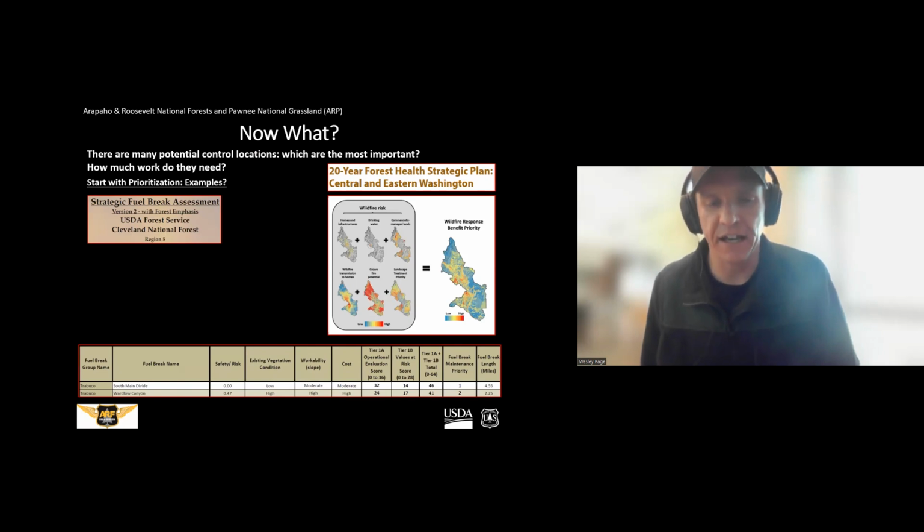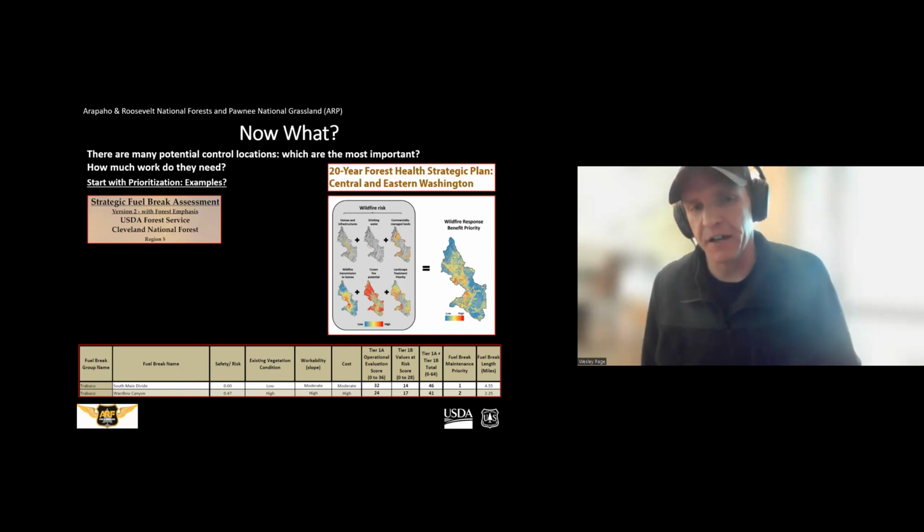And they've had assessments ranking what fuel breaks need priority for maintenance and for creation. The table on the bottom shows some of the factors that they looked at: workability, cost, operational scores, values at risk.